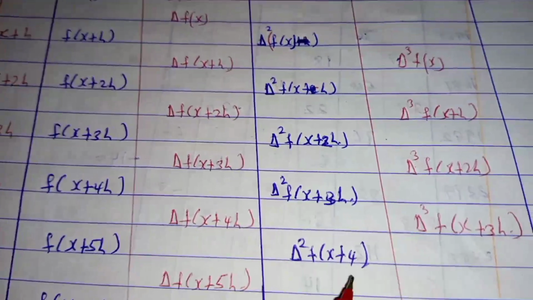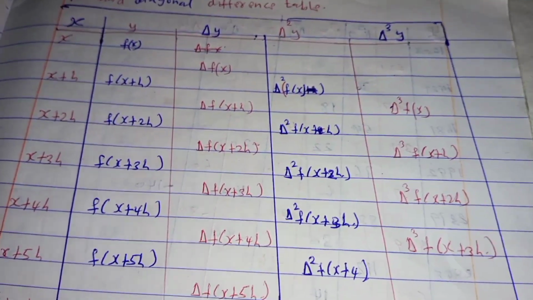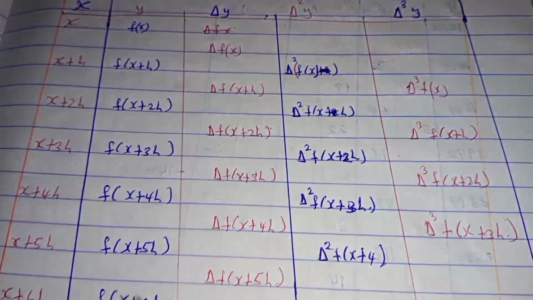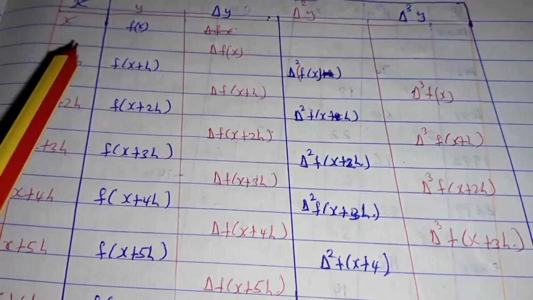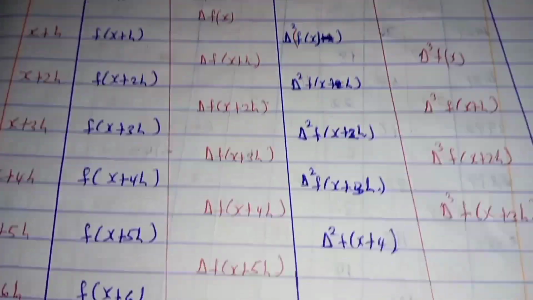So it is called a diagonal difference table, because as you can see, it moves diagonally from this towards this part here, and from this other one towards this other part.